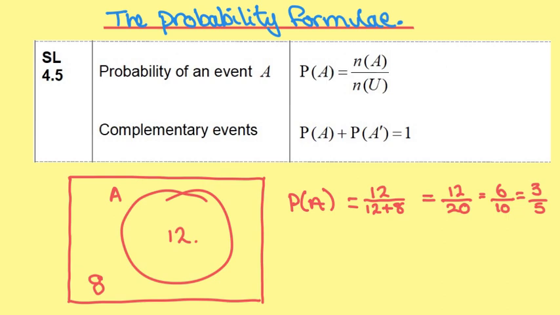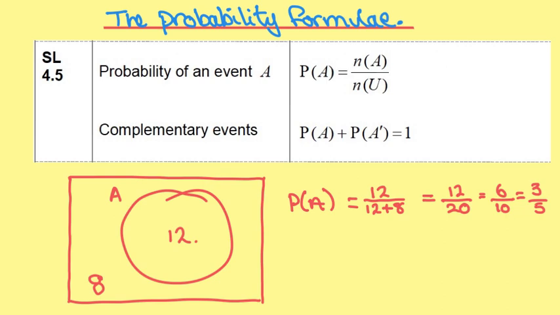The second of the formulas is to do with complementary events. Well, if we look at the diagram again, we are either in A or not in A. So those two events must happen.